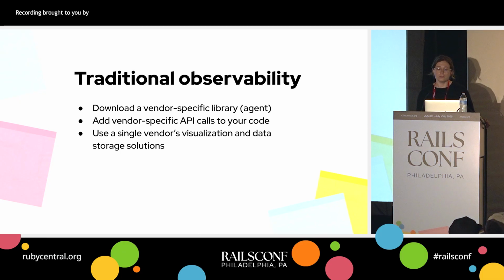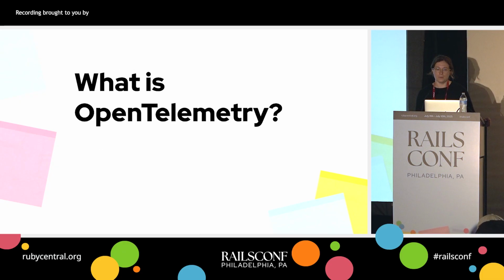And they're also usually vendor-specific. And then that code goes to a single backend where that vendor can visualize your data and store it and also charge you whatever they want in order to have those visualization and storage opportunities. So you can very easily get locked in. And OpenTelemetry is here to kind of solve some of those problems.